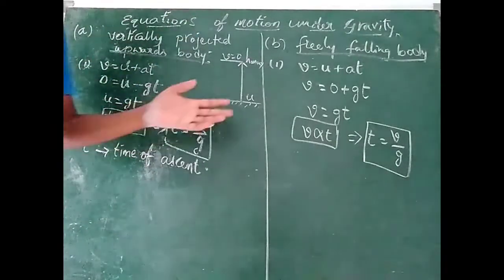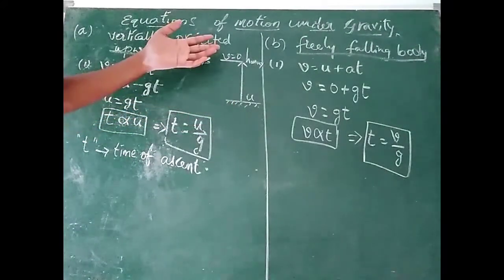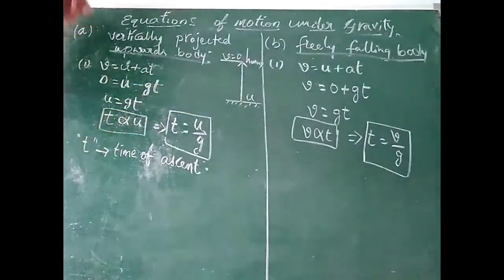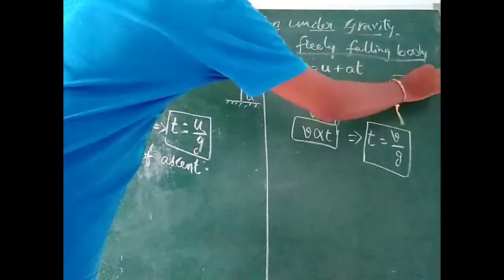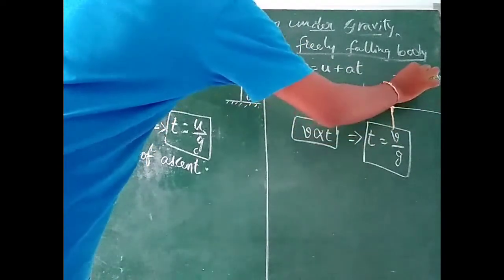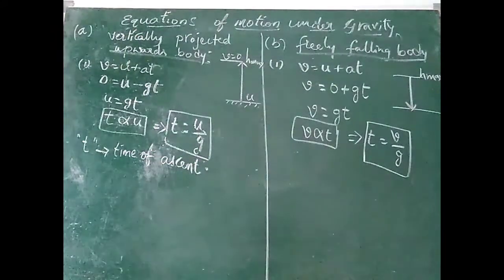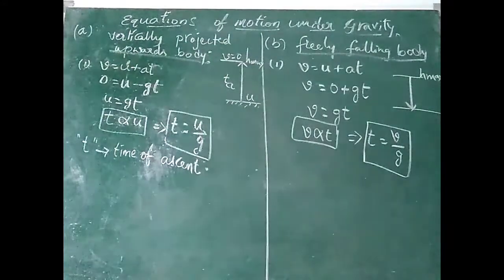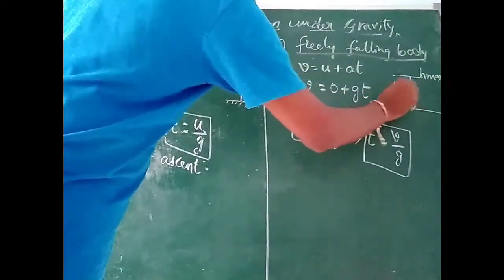for example, if this body is thrown vertically upward with some velocity u, the same body after reaching the maximum height should reach the ground with the same time. Time of descent.